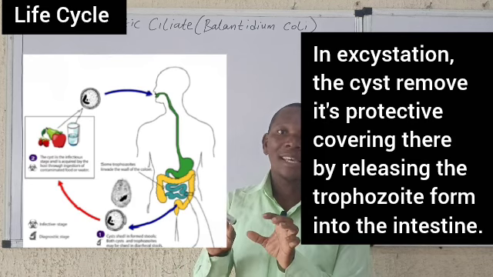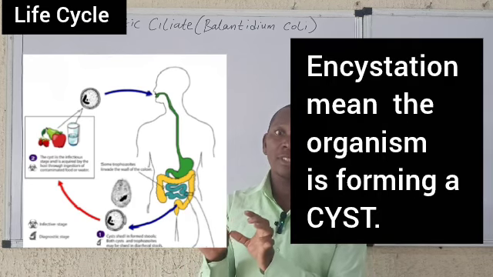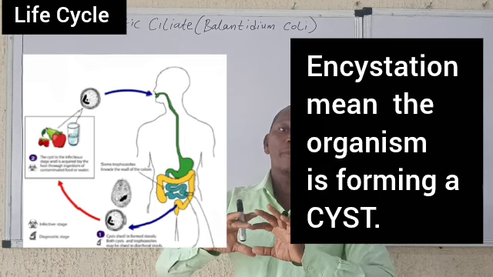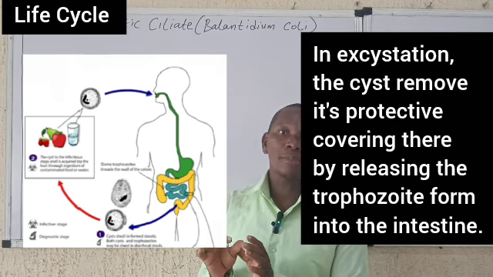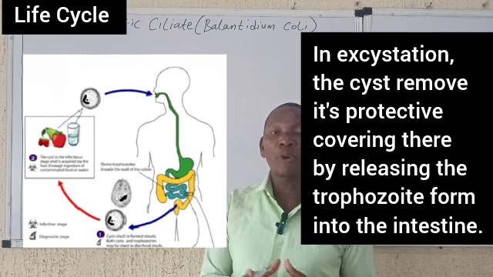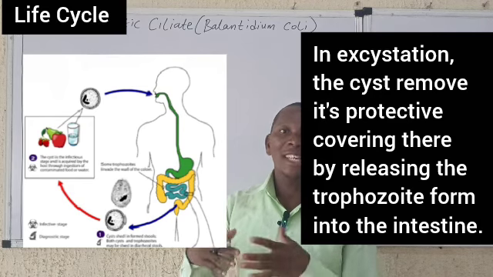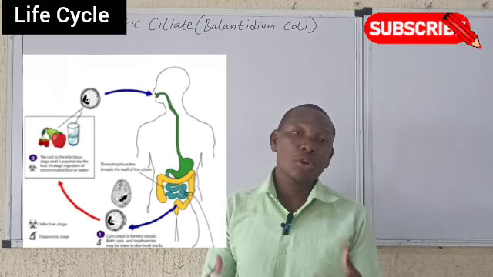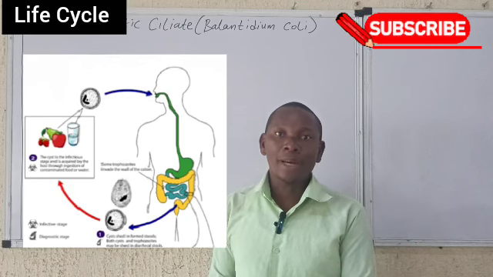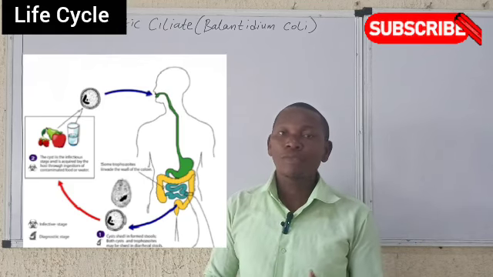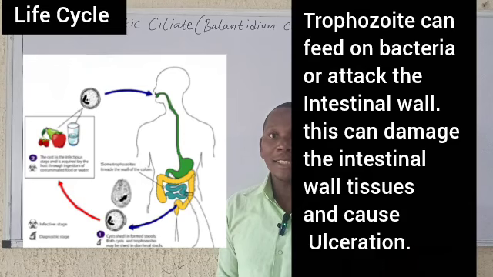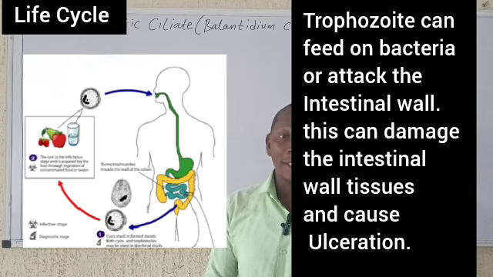If you say encystation, it simply means the organism forming a cyst, while excystation means the organism is removing the protective covering to form what? The trophozoite. So in the intestine, the organism undergoes excystation and produces what? The trophozoite stage, which is very active, feeding on various things in the intestine, such as bacteria.